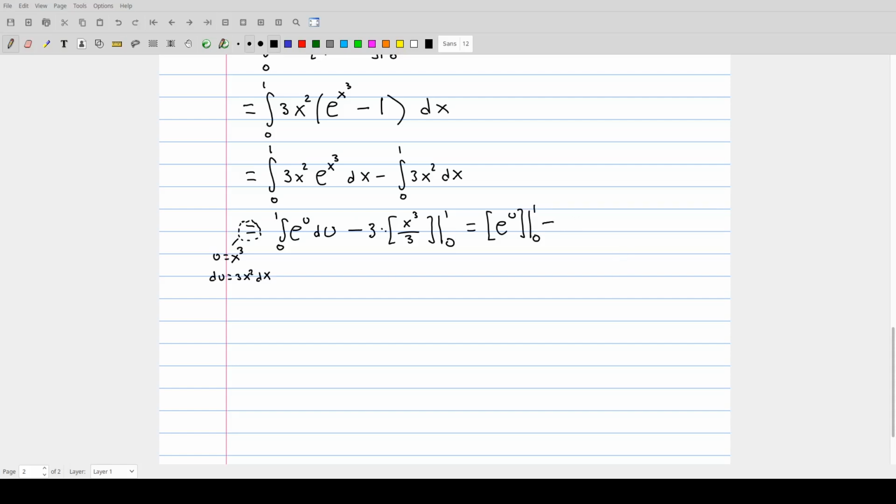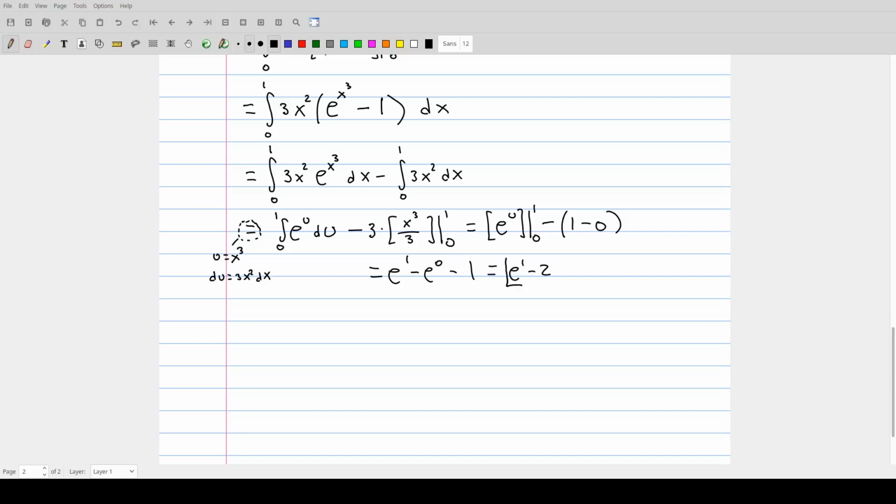The 3 over 3 becomes 1. So when I plug in the bounds for this antiderivative, we have 1 cubed, which is 1, minus 0 cubed, which is 0. And lastly, when we plug in for e to the u here, we have e to the 1 minus e to the 0. That's just e to the 0 is 1, so our final answer is e to the 1 minus 2.